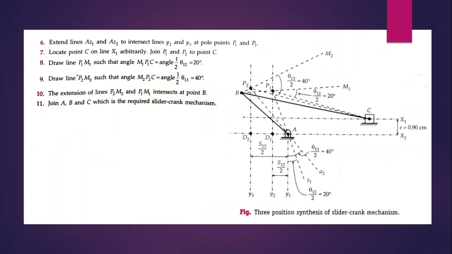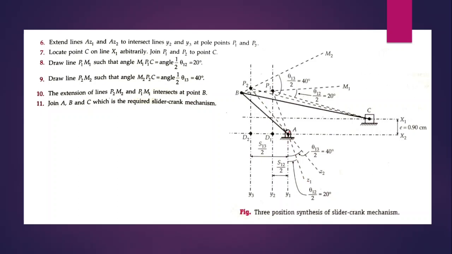Then in the next step, we have already drawn these lines y1, y2, y3, z1 and z2. Then in the sixth step, extend lines AZ1 and AZ2 to intersect lines y2 and y3 at pole points P1 and P2.